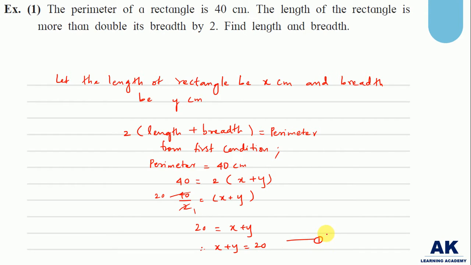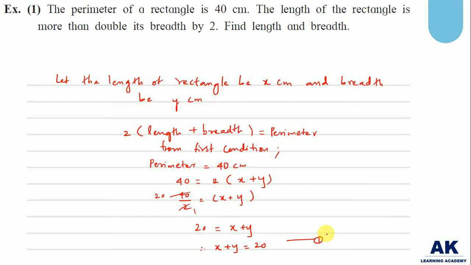Now from the second condition, what is given? The length of the rectangle is more than double its breadth by 2. From the second condition, the length is X, and double the breadth is 2y, since the breadth is y.